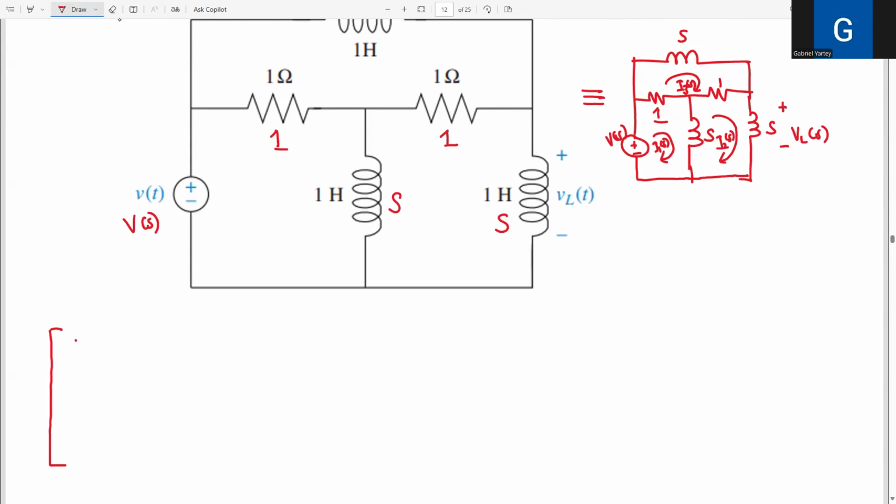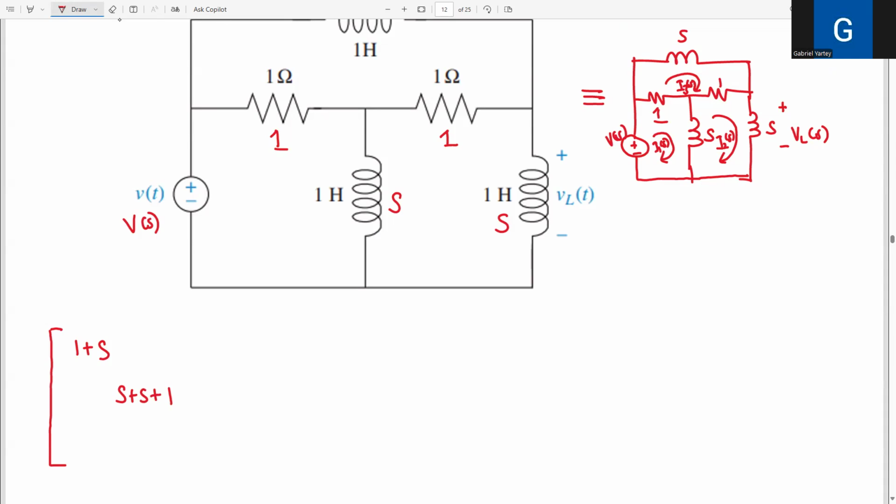You sum them up to get 1 plus S. And then the position index 2, 2 means all the impedances in the second mesh, which is right here. All the impedances present there are 1 and S, and two S's, so I sum them up and see I have S plus S plus 1, right?